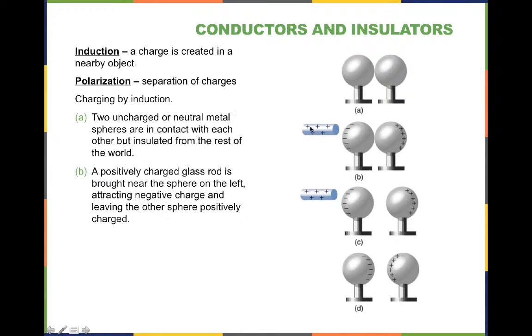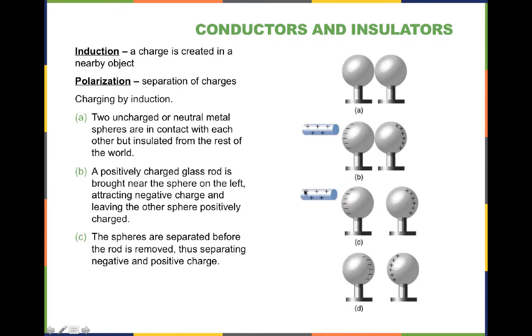In B, you bring a positively charged rod close, and it attracts negative electrons here. Because negatives are attracted this way, the positives go away, to the right, and you end up with polarization, separation between the negatives here and the positives here.